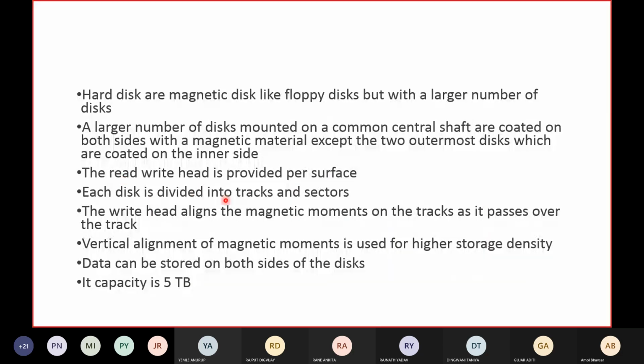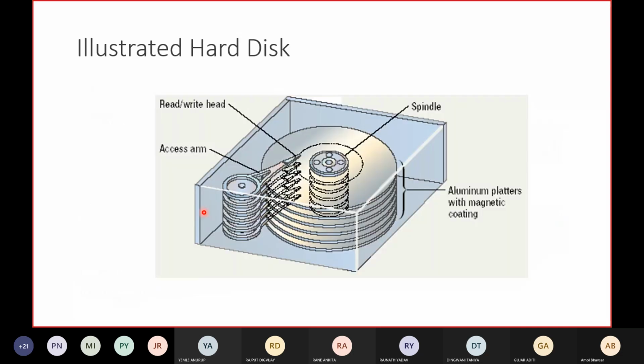Each disk is divided into tracks and sectors. The write head aligns the magnetic moment on the tracks as it passes over the tracks. So this disc contains magnetic material. There is a dipole moment when a signal comes. If you give a signal to this read write head, what happens?